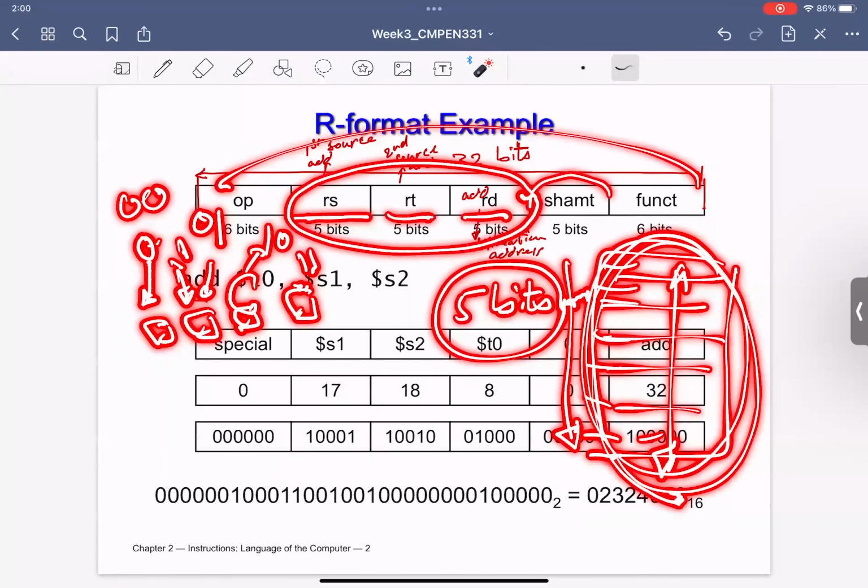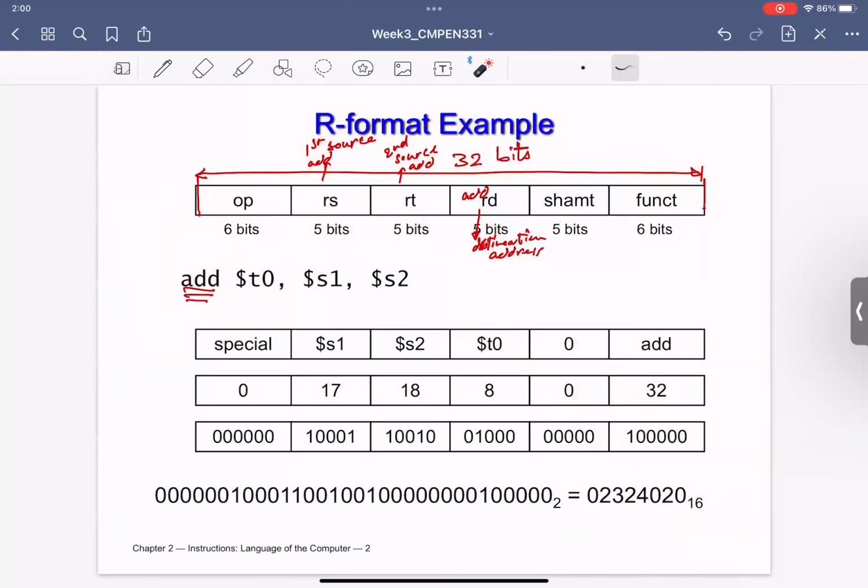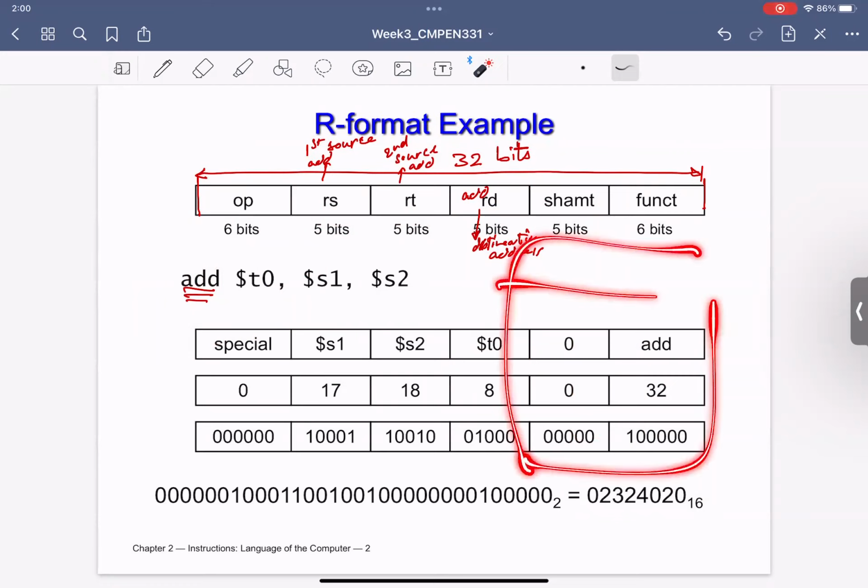We still also have the shift amount. Why is the shift amount here 5 bits? With the same analogy, but instead of the vertical axis, in the horizontal axis, in one register, I have 32 bits. So if you were to shift, the maximum that you could shift is from the far left to the far right.